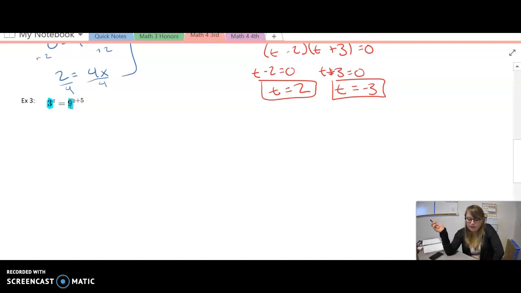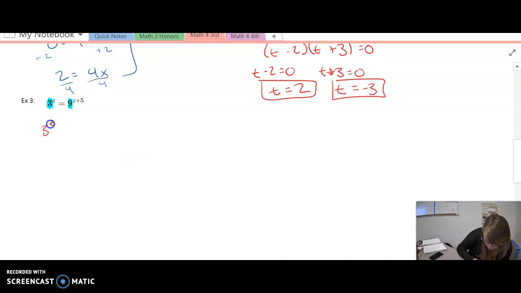Well, can we get 9 from raising 3 to an exponent? Meaning, if I raise 3 to the second, will I get 9? And that's yes. So we can change our base such that the bases are the same. So 9 we can change to 3 to the second.